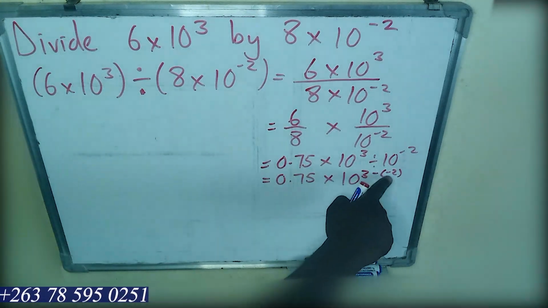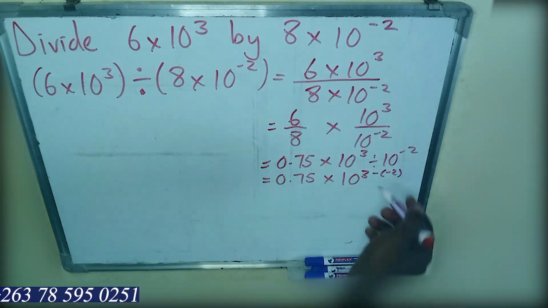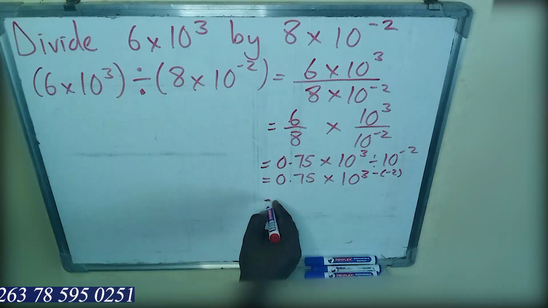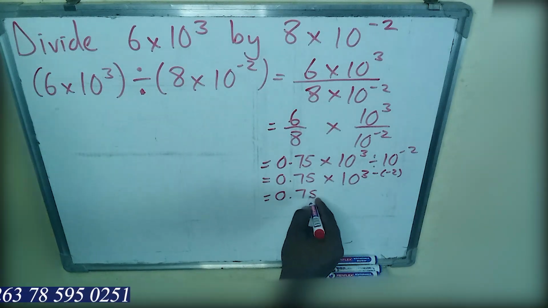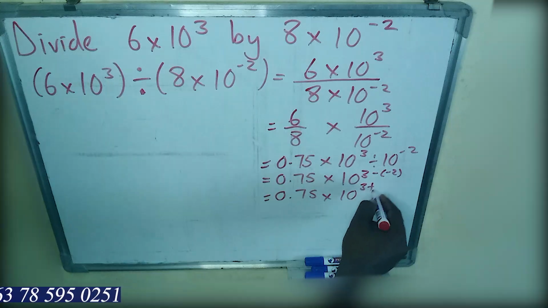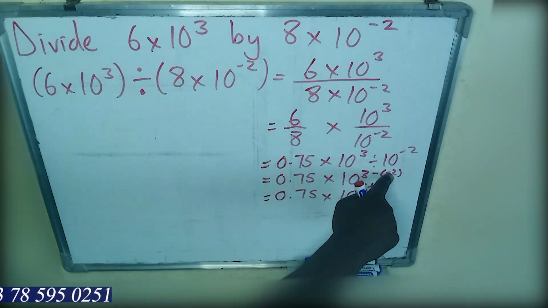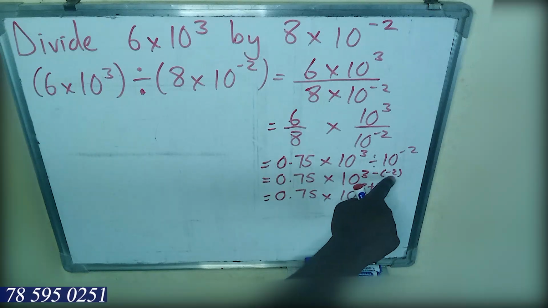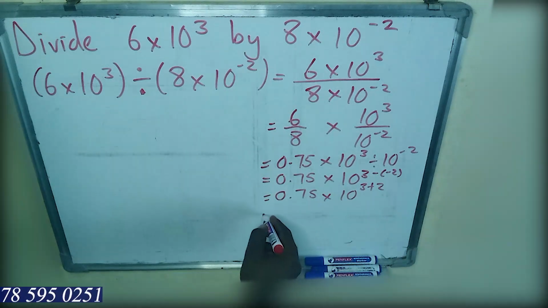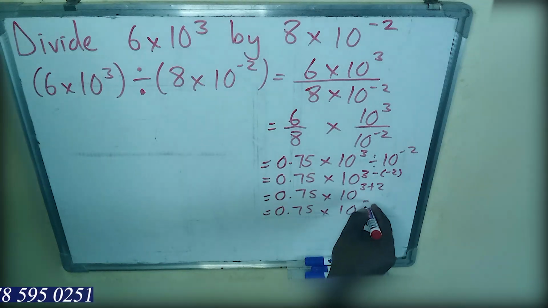This is a minus times a minus which gets a positive. So 3 plus 2, which is 5, so 0,75 times 10 to the power of 5.